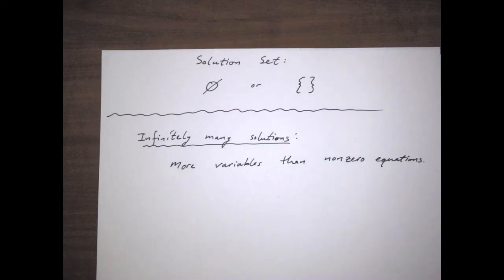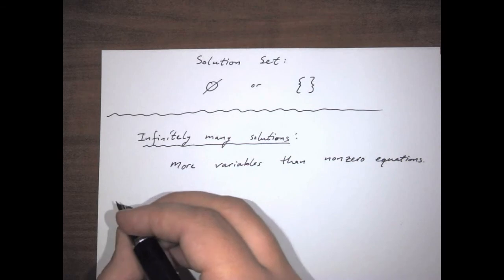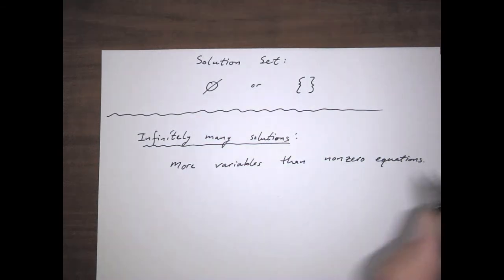And what this means is that you're not able to fully back substitute your way all the way up the ladder. You can't get 4 pieces of information out of 3. So you end up not being able to back substitute your way completely.